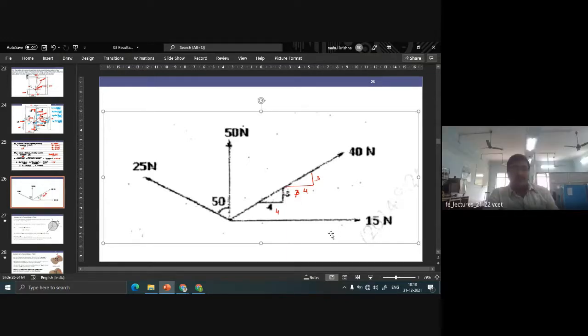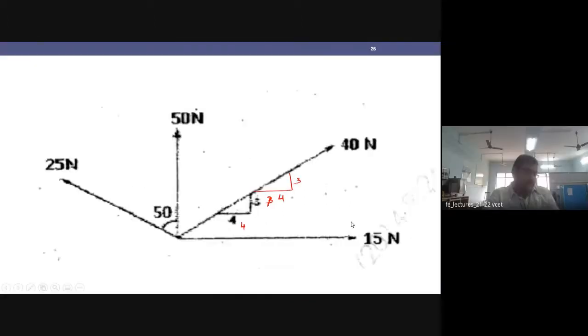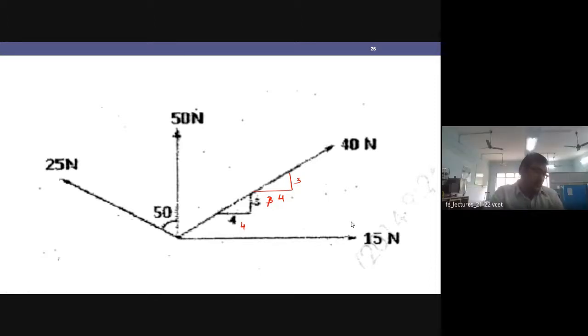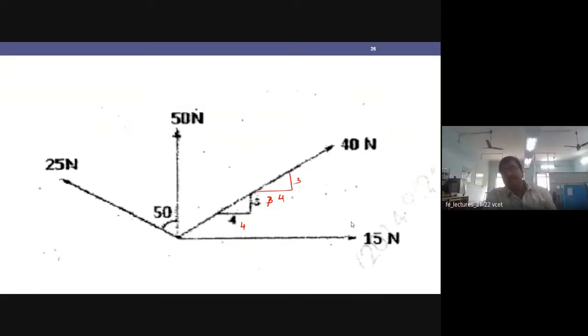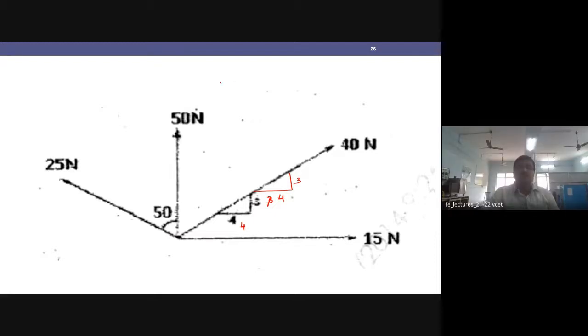Resultant, how much? What is sigma Fx? 27.85. And sigma Fy? 90.06. So then how will R be 126.041? How is it possible? What is the equation for resultant?